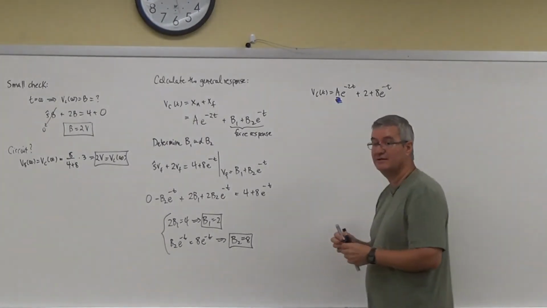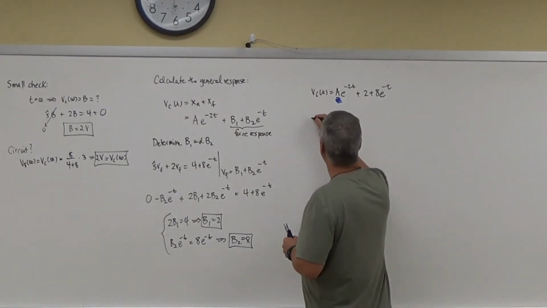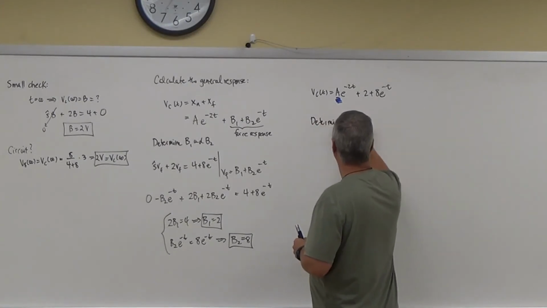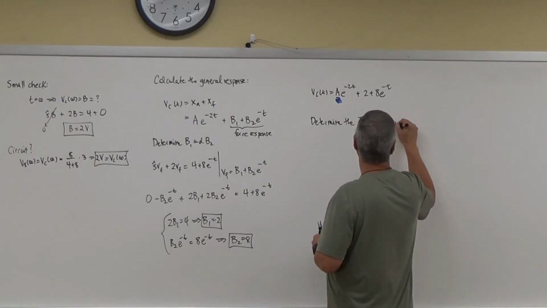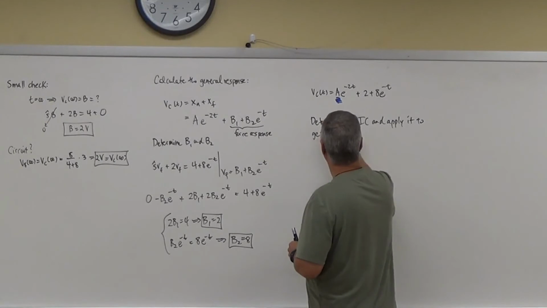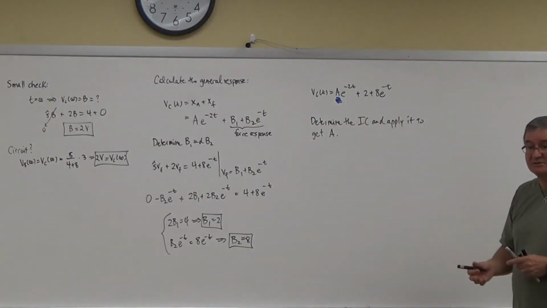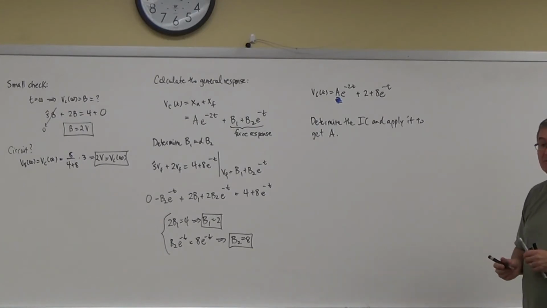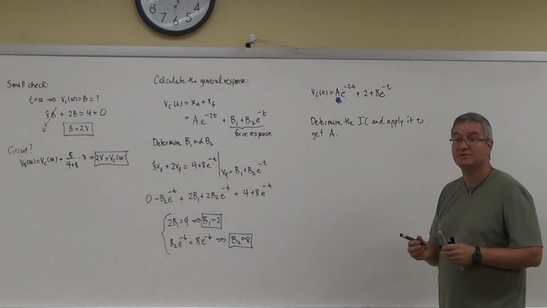I got to calculate A. So now my job here is that I got to determine the initial condition and apply it to get A. Note that this is the exact same process as the second order differential equation. Of course, the second order differential equation is messier.